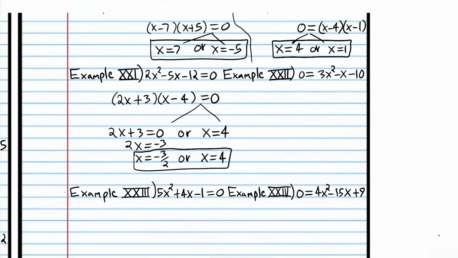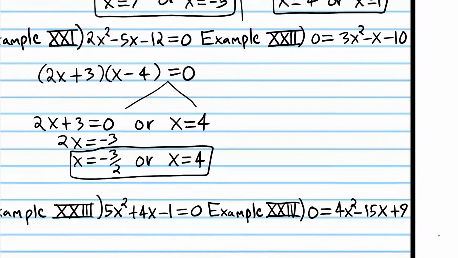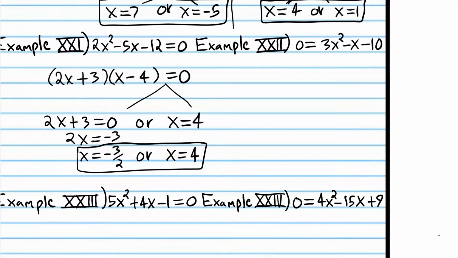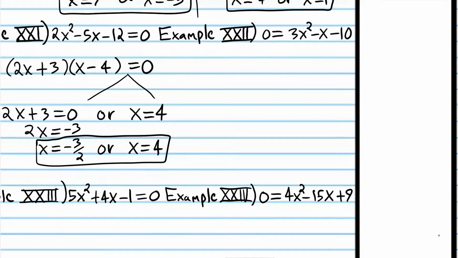And there you go. As you can see, when there is a coefficient on the x squared term, as you can see for all these problems, unfortunately the quadratic is not as easy to factor.